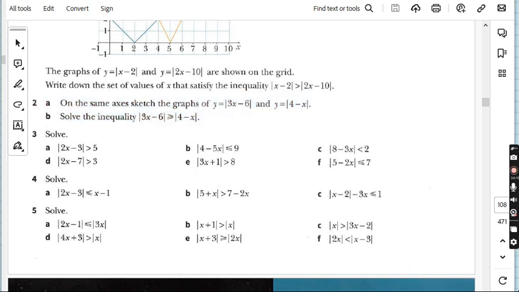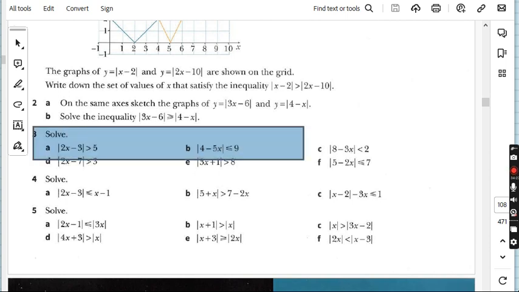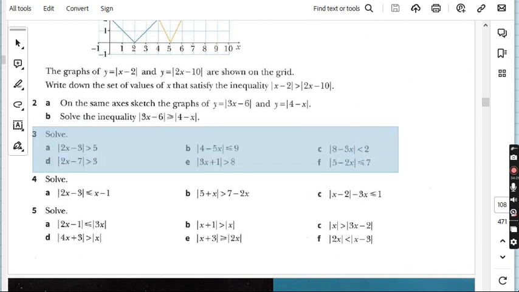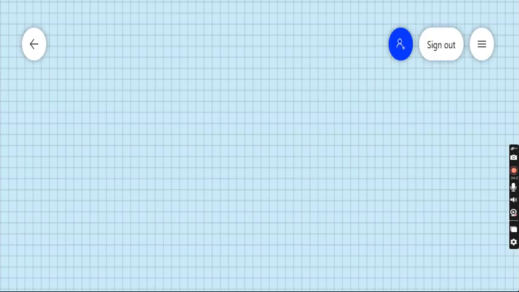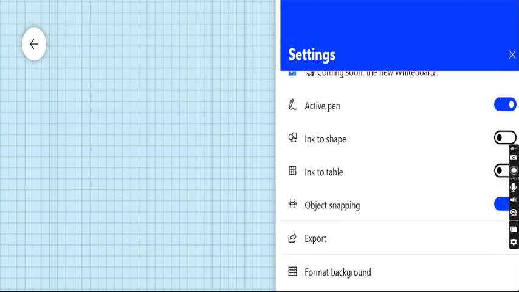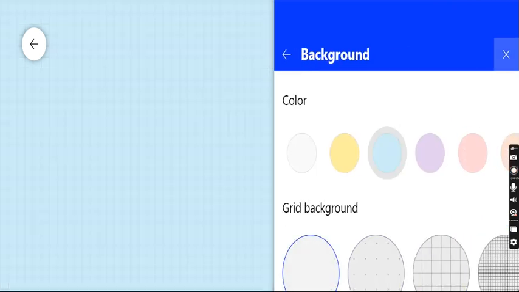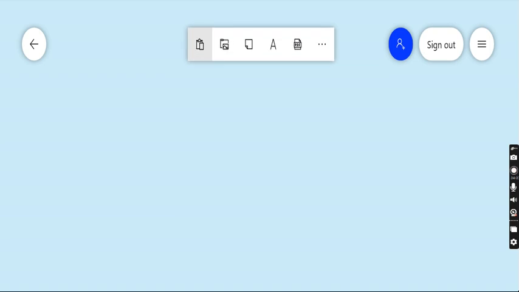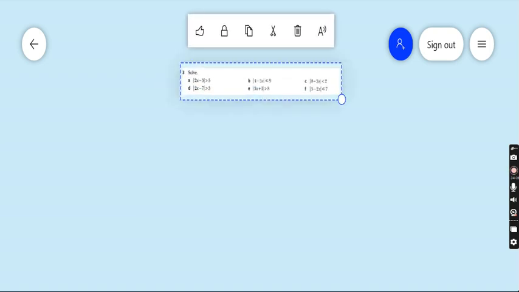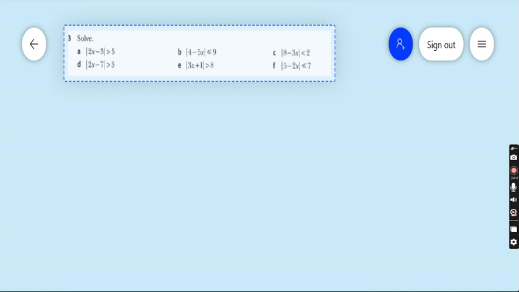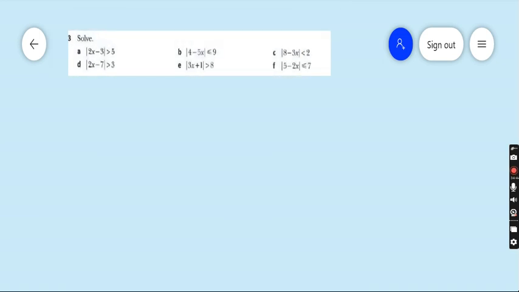Question number 3. Solve. Solve means to find the set of values, because these are absolute value inequalities.